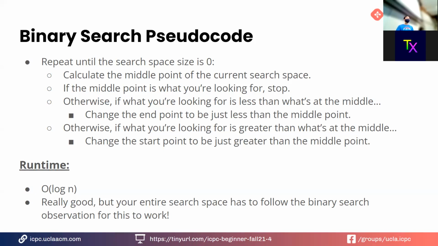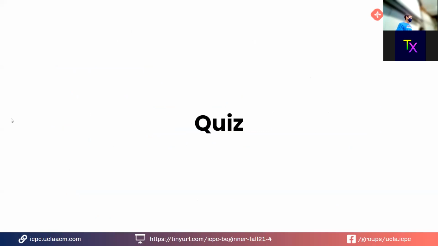I think that's good. All right. And so this is a really good search algorithm, but notice that your entire search space has to follow what I call the binary search observation for this to work, which isn't really something I can define. So instead, we're going to do a little quiz on it.